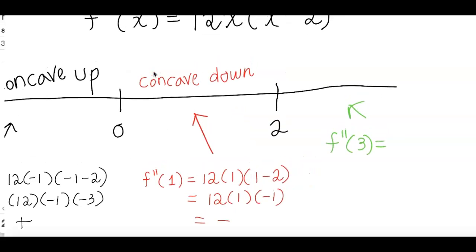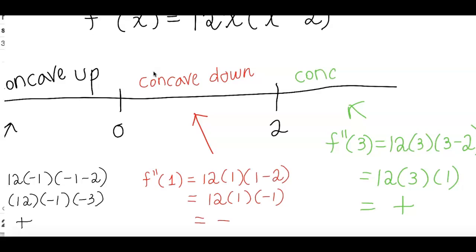That's going to give me 12 times 3 times 3 minus 2, which is 12 times positive 3 times positive 1. If you multiply three positive numbers together, it comes out to be another positive number. Therefore, positive second derivative implies the interval to the right of 2 is concave up.